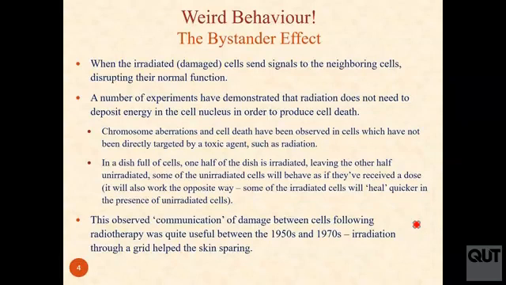So if you take a dish full of cells and irradiate half of the dish, leaving the other half unirradiated, some of the unirradiated cells will behave as if they've received a dose, and it'll be vice versa. They don't know the cause of this, and there's hundreds of people working on this. They have been for years and years. So there's some sort of communication between the cells.